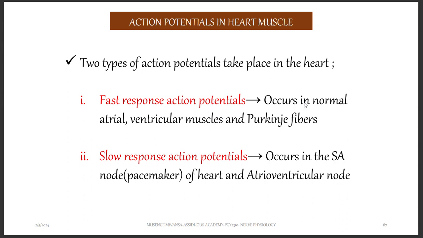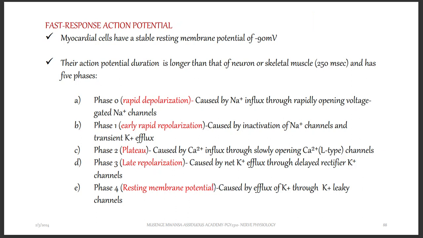The fast response action potential occurs in the Purkinje fibers, the ventricular muscles, and also the normal atria. The slow ones, we said, are the SA node and the AV node.